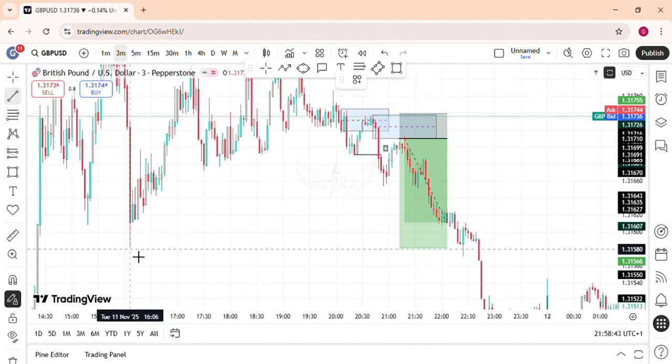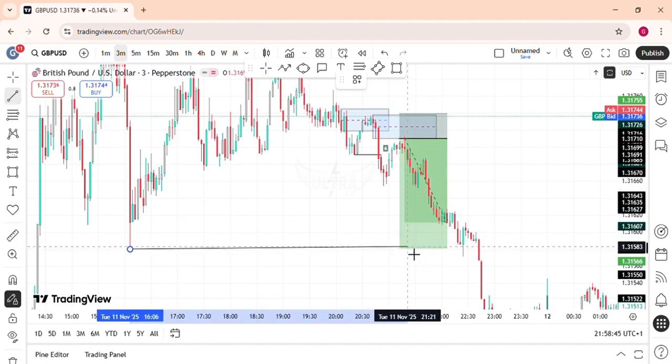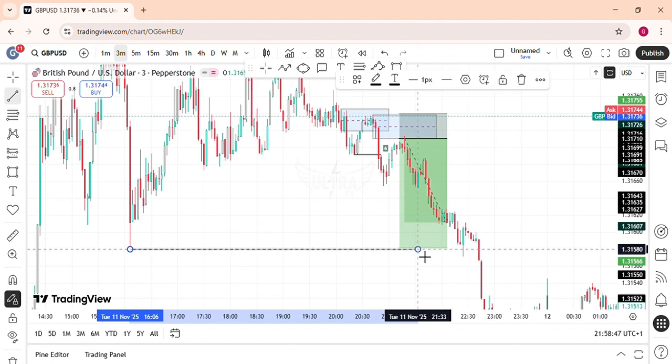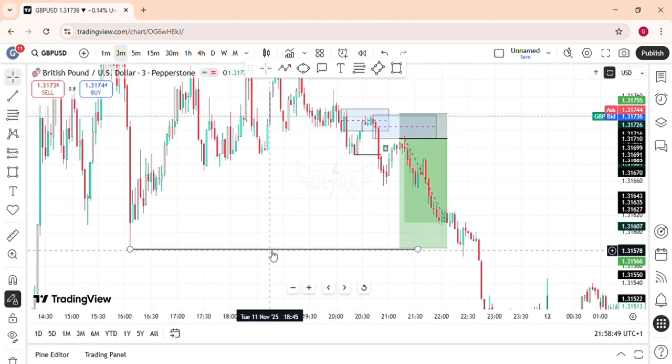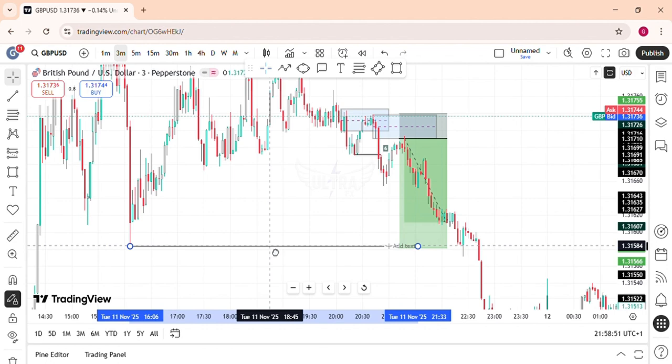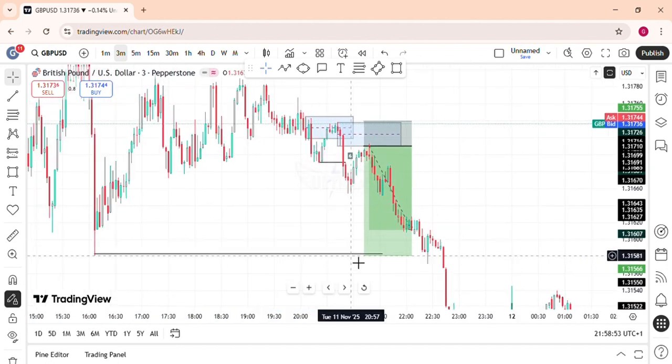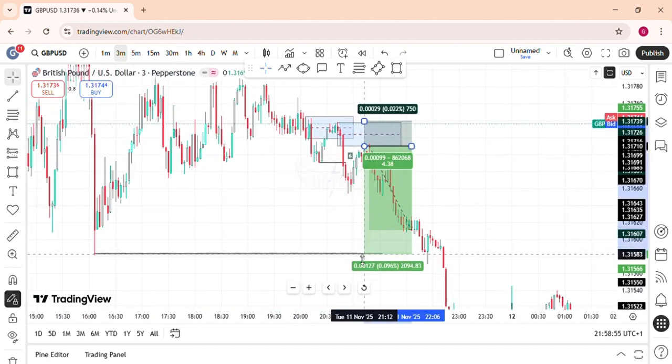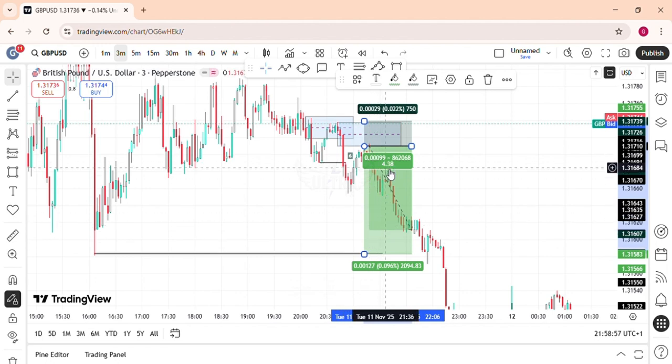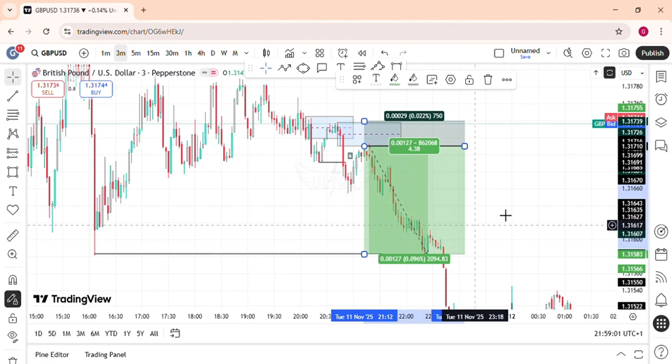So this is how it's going to be here, and this is giving you a risk to reward of 4.38. So you can see, boom, market hits your TP for your trade number 6.